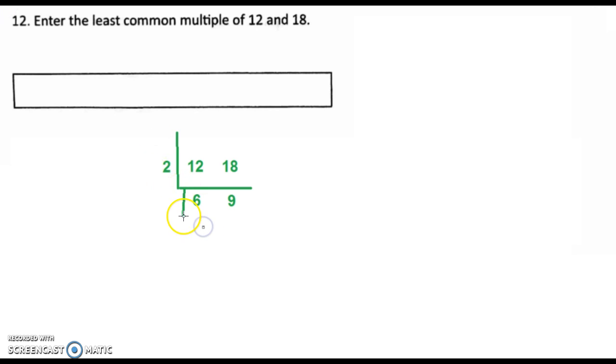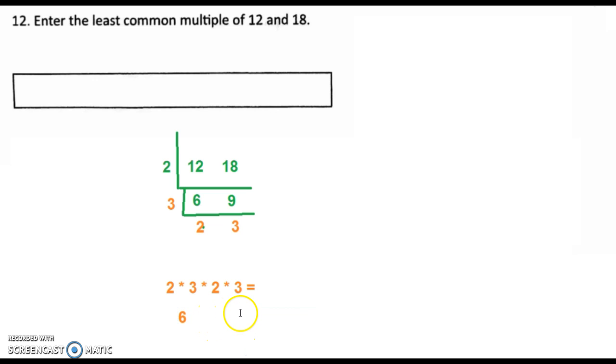So I'm going to make another layer. What number goes into both those numbers? Our next layer. Let's say 3, right? I can take 3 away from 6 and that equals 2. 9 divided by 3 equals 3. Can't go any further. So then all we have to do is multiply these numbers. What's 2 times 3 times 2 times 3? 2 times 3 equals 6.